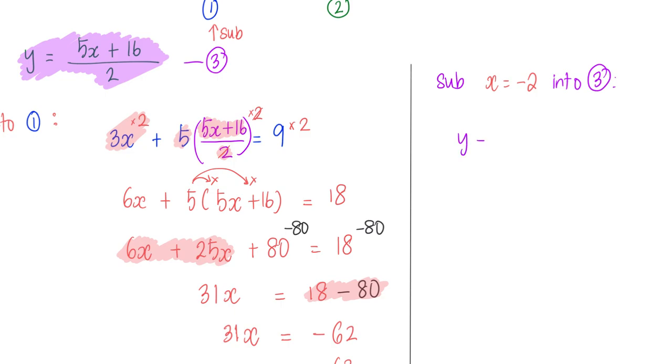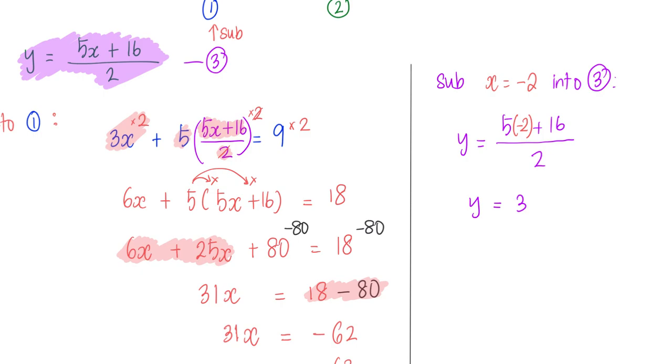Equation 3 is y equals 5x plus 16 divided by 2, right? So this x, I'm no longer going to write as x, I'm going to write it as negative 2. So from here, my y will be equal to 3.